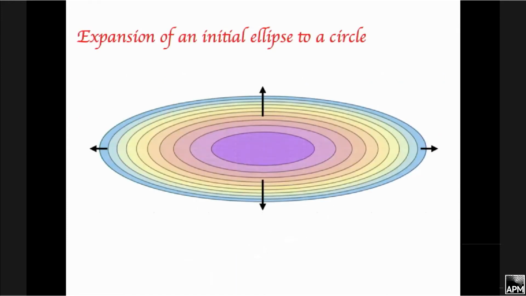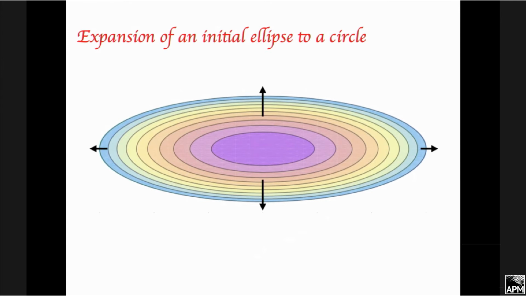Now, why is it that it so quickly forms into a circle? Well, let's imagine we start with an ellipse, as we've drawn here, with an elliptical shape, and it's got to have zero thickness around the perimeter and maximum thickness at the top.